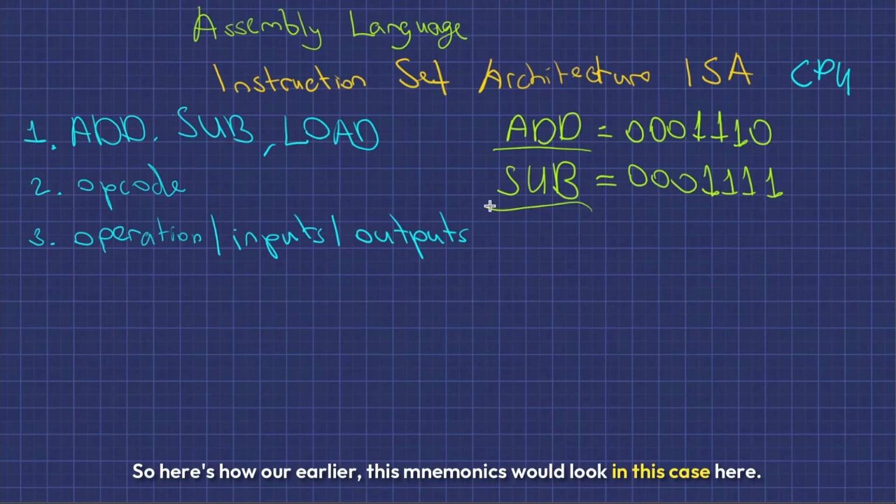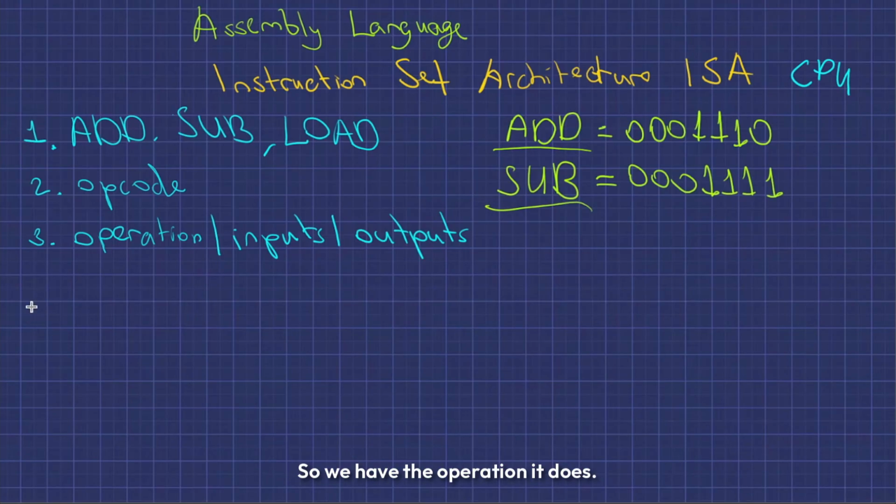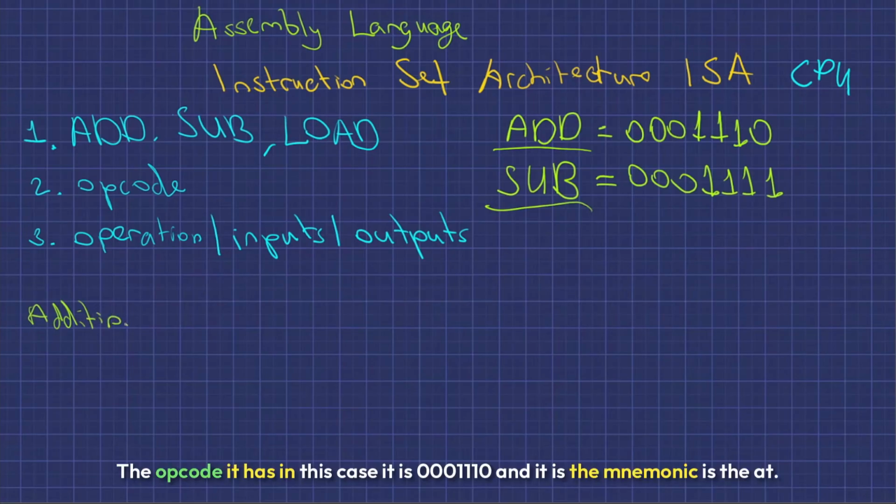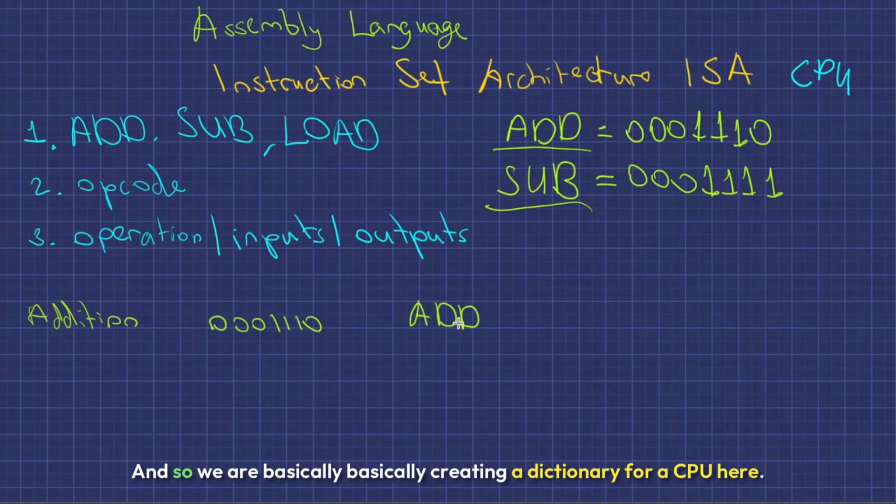So here's how our mnemonics will look. We have the operation it does, let's say addition. The opcode in this case is 0001 1110, and the mnemonic is add. And so we are basically creating a dictionary for a CPU here.